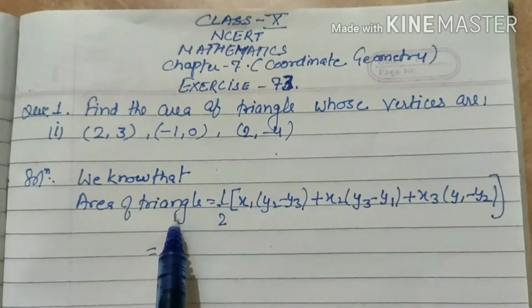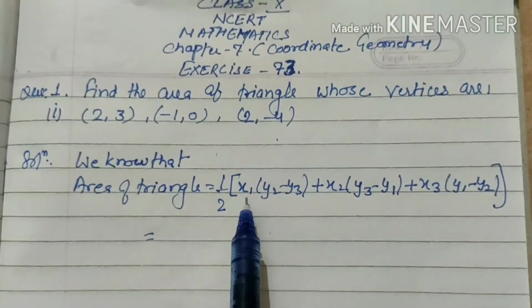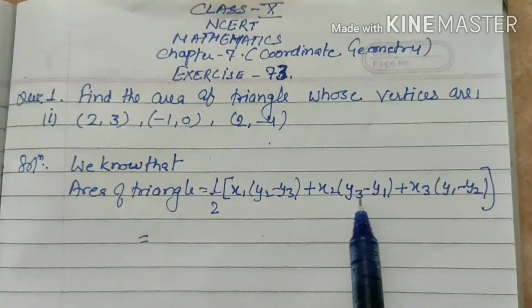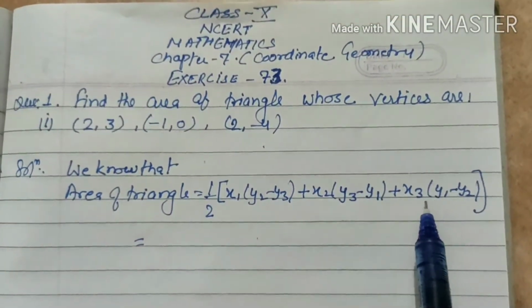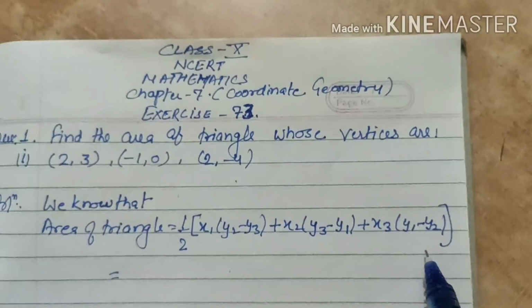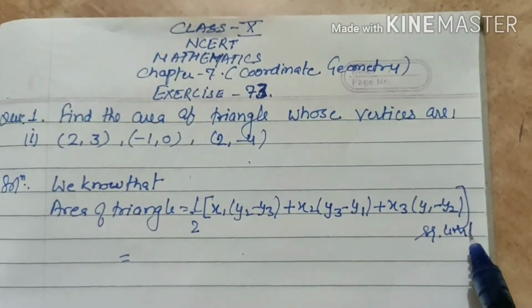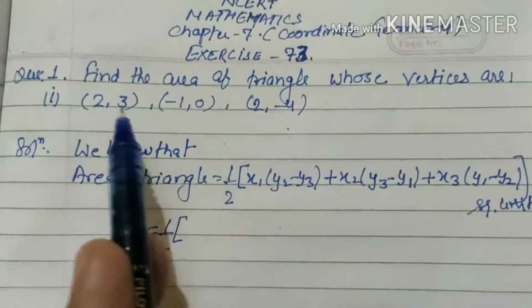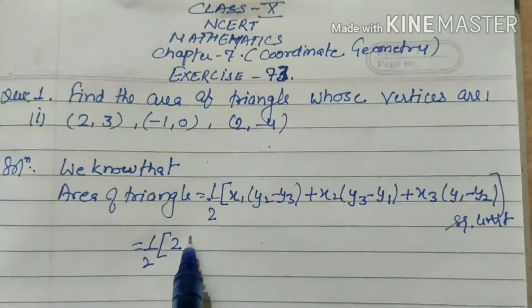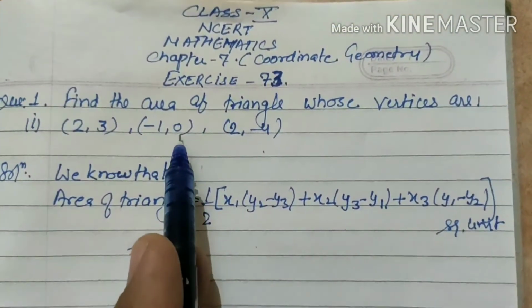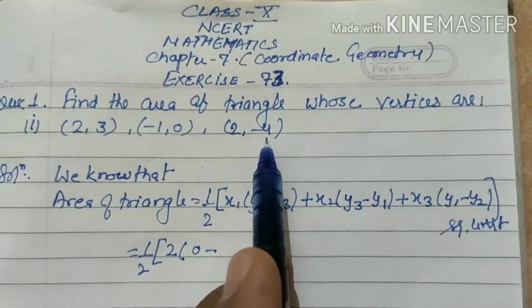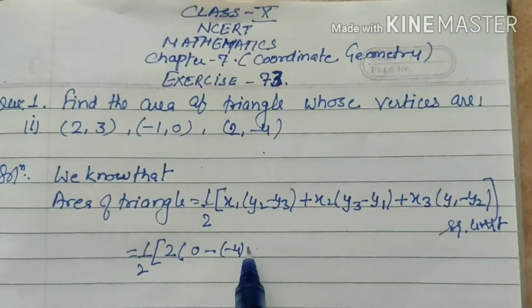We know that the area of a triangle is equal to 1/2 times [x1(y2 - y3) + x2(y3 - y1) + x3(y1 - y2)] square units. So 1/2 into x1, which we have as 2, so put 2 here; y2 is 0, so put 0, minus y3 that is minus 4, so this will be minus 4.